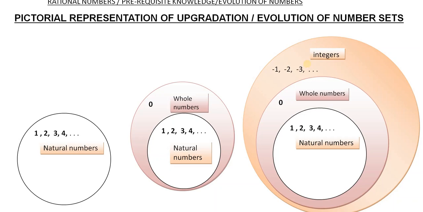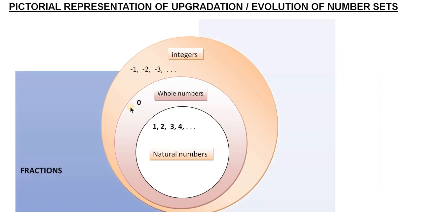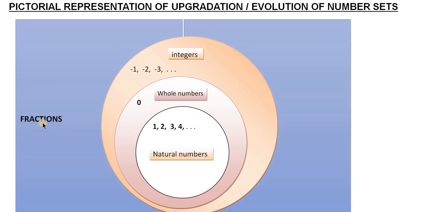In grade 7 you have studied beyond this also, that is, you studied about fractions. Fractions are used to represent not only the wholes to be counted, but the parts need to be counted also. So you wanted to express a part of a whole, which is represented by fractions.